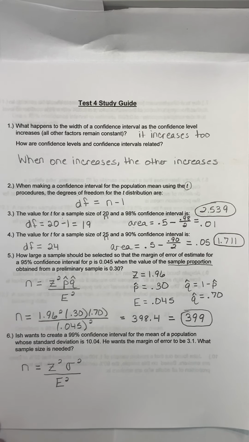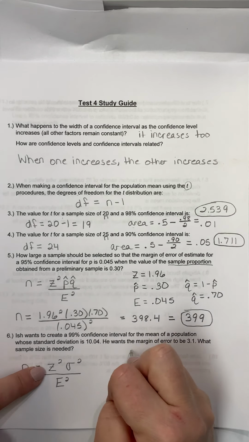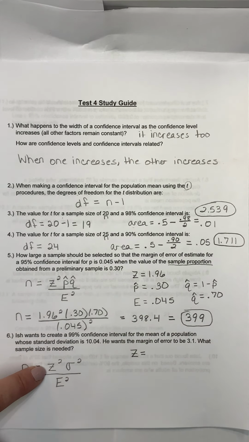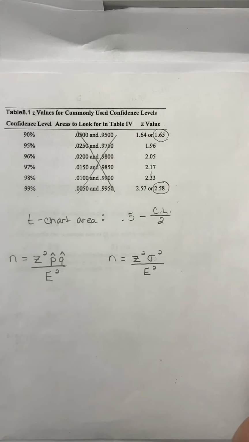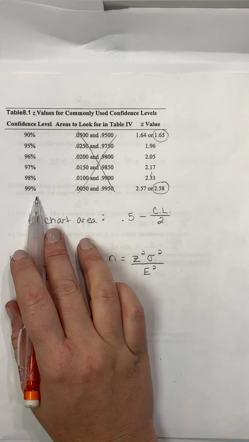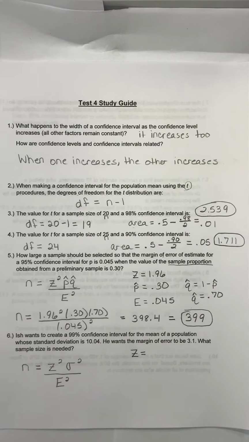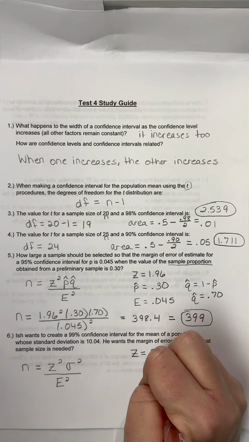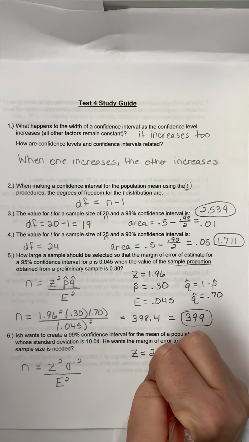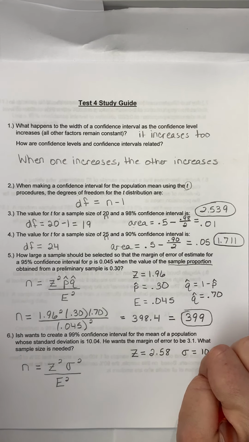Okay, so let's identify what we have. First, we need Z. When we are doing confidence intervals, Z is going to be right here. So 99%, 2.58. There's our Z. Next we need sigma. We said population standard deviation. That's our sigma.